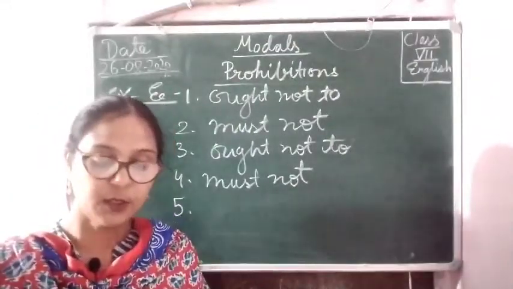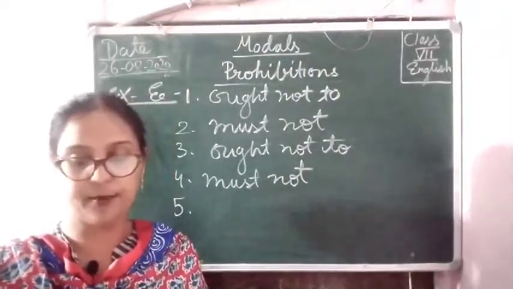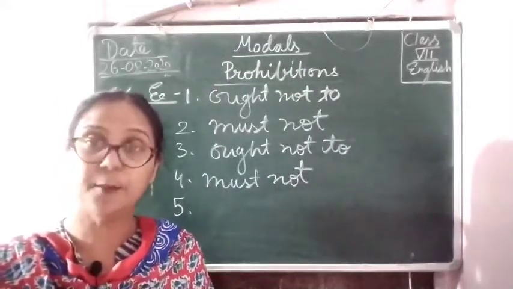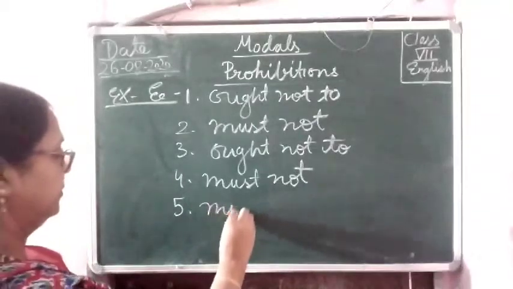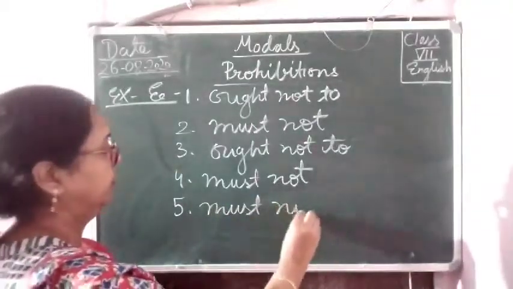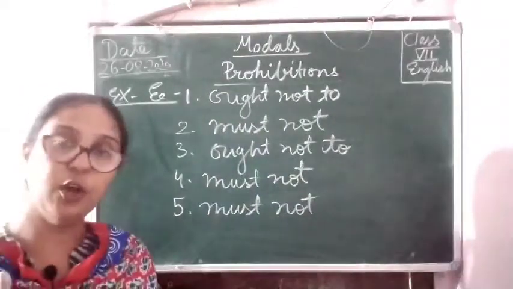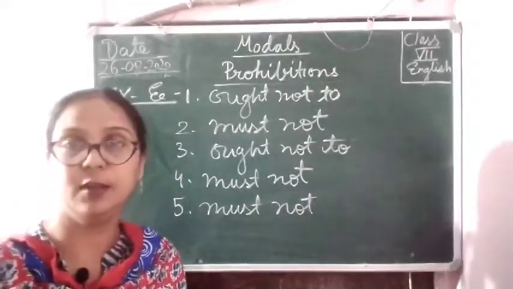Now fifth, students dash leave the classroom before the bell rings. There is a rule. So what are we going to use over here? Must not. Students must not leave the classroom before the bell rings.